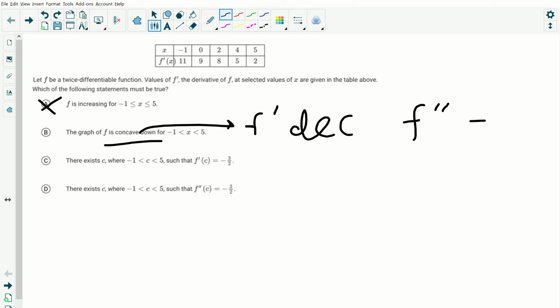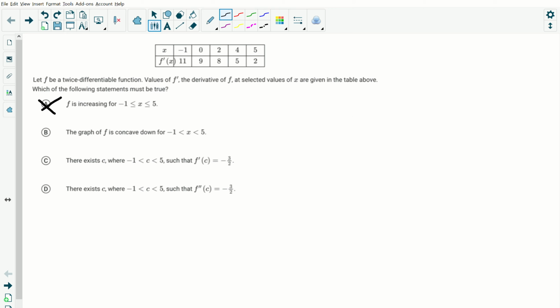But once again, we don't know if f prime isn't, let's say, 12 or 20 somewhere in between -1, 0, 2, 4, and 5. Again, we have a limited view here. So we cannot definitively say that the graph is concave down because we can't say f prime is necessarily decreasing the entire time. Certainly it appears to, but we don't know for sure.